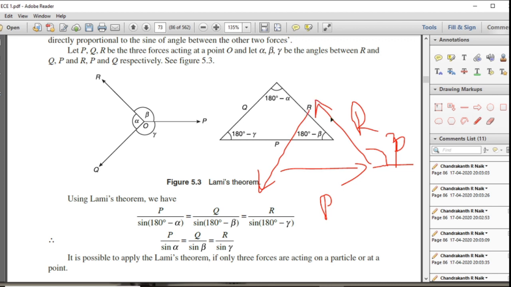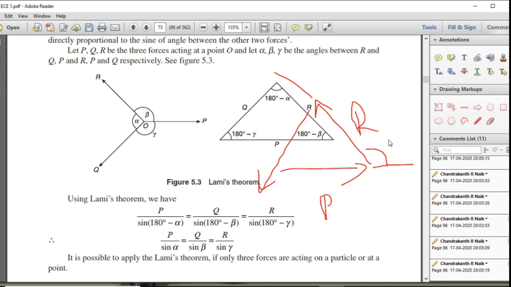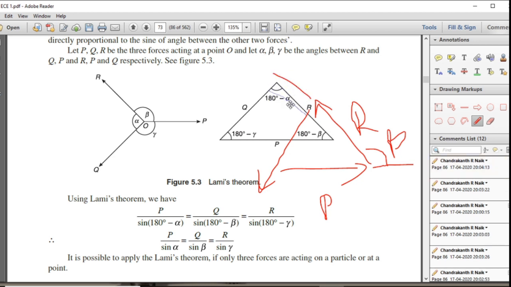Likewise, after R, Q is at angle alpha. This is the angle alpha.